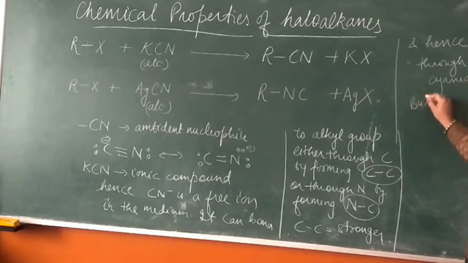But AgCN, students, is a covalent compound. So here we don't get CN as a free ion. So we will not get the cyanide group as a free ion here.